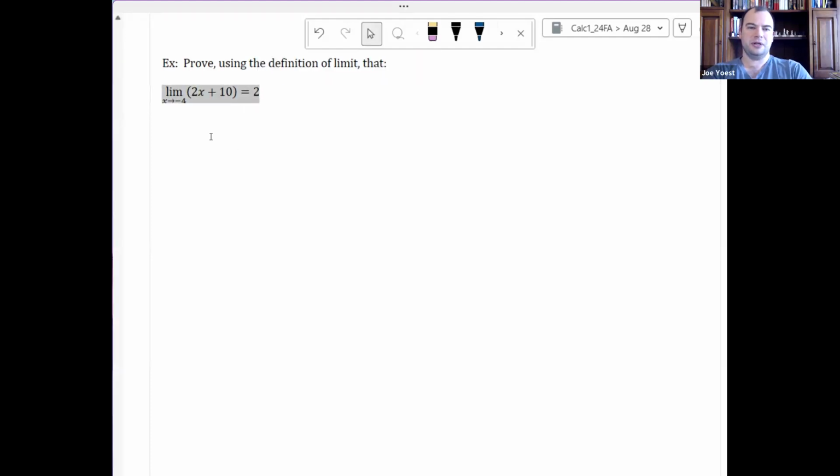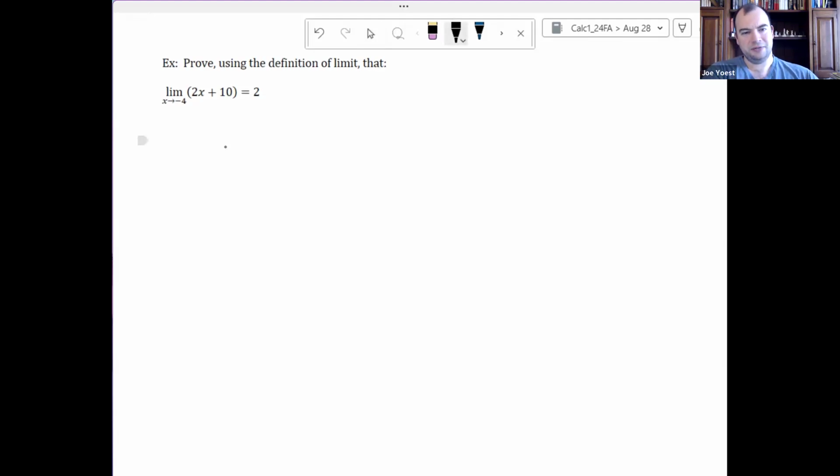Now we do have that corollary that says this is the limit of a polynomial, so we can do the plug-in thing. 2 times -4 is -8 plus 10 equals 2. So that's why I think that this is the correct value for this limit. Importantly, when I'm going through these limit proofs, I need to have a limit in mind that I'm trying to prove. I don't go through this epsilon-delta definition to figure out what I think the value of the limit is. I say, I think the value of the limit is this. Here's my proof.